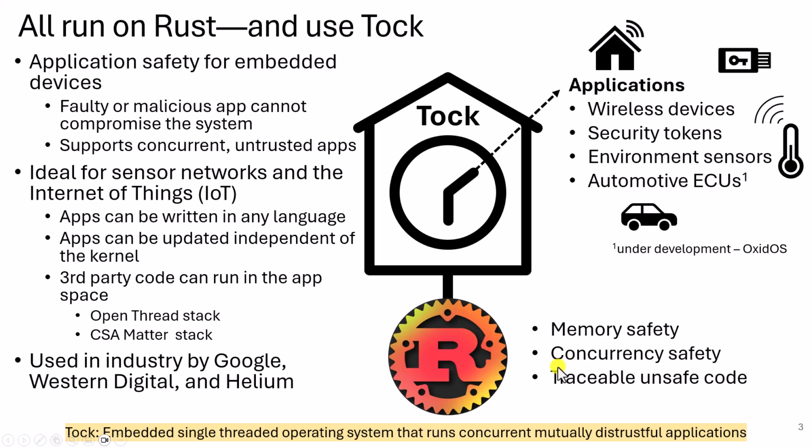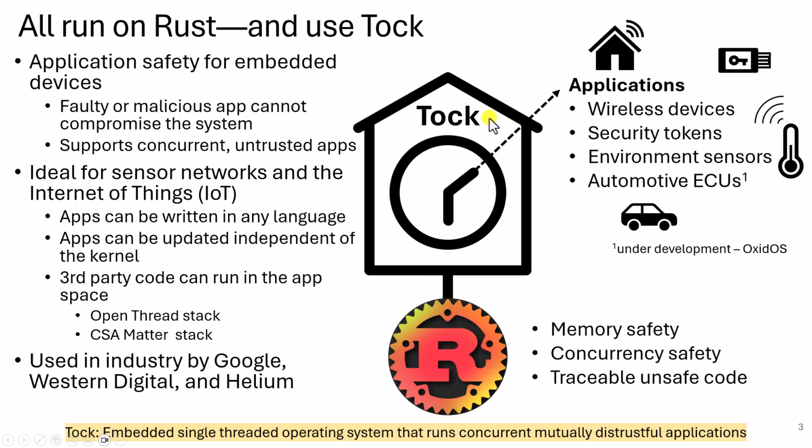Because, especially in the embedded world, you probably have to have unsafe code. You're going to have to access registers on the embedded processor. And this provides traceability so that you know where the unsafe code is. All of this is provided in a predictable, performant way with an optimized system level language. And that's why Tock chose Rust.